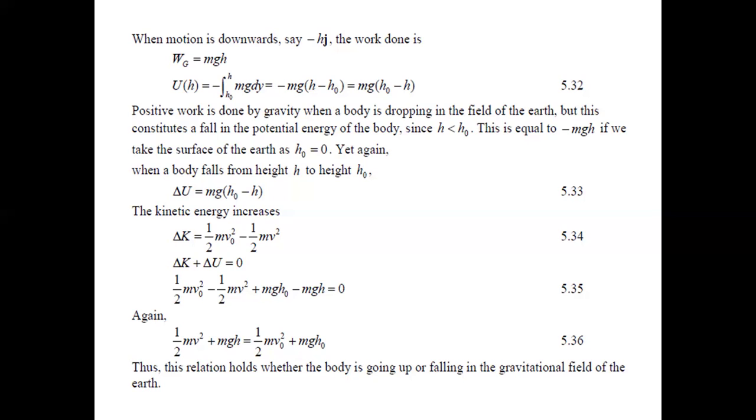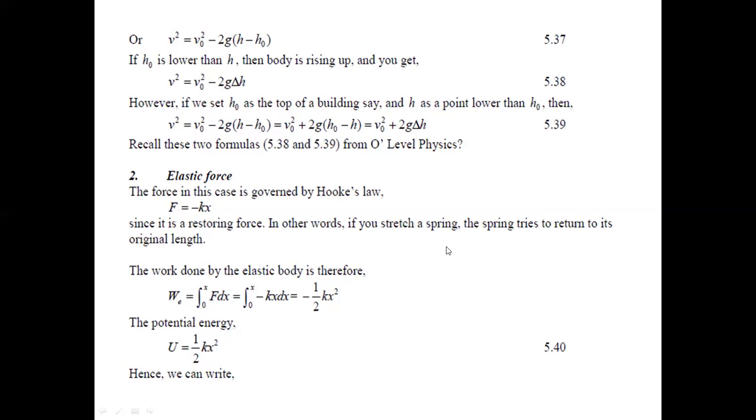Means that the kinetic energy must increase. Must have lost a little bit of the recording. v squared equals v naught squared minus 2g into h minus h naught.